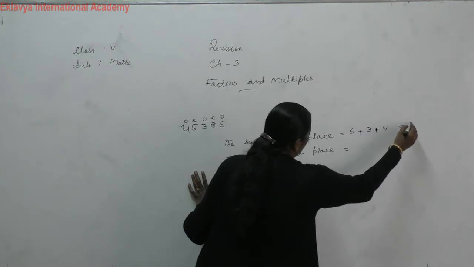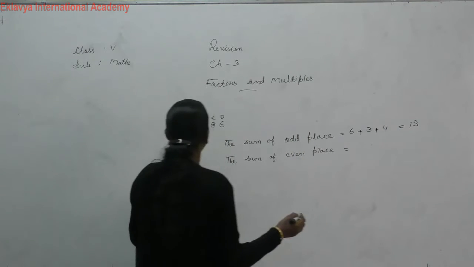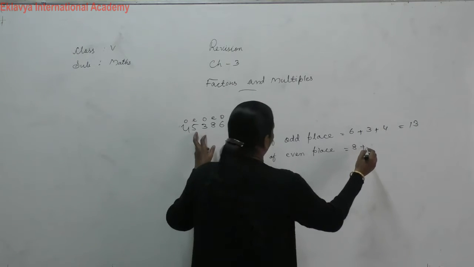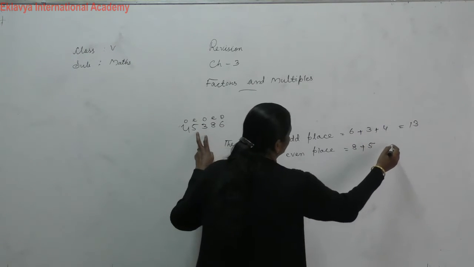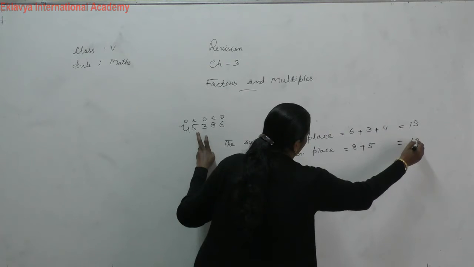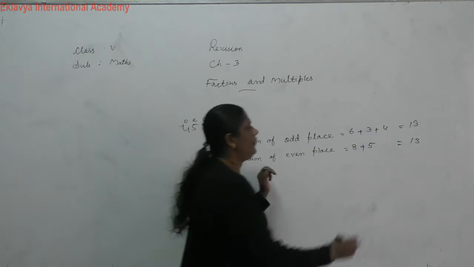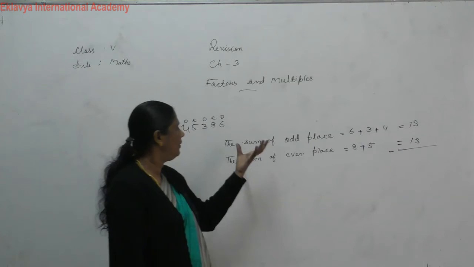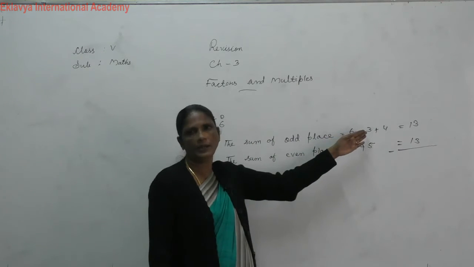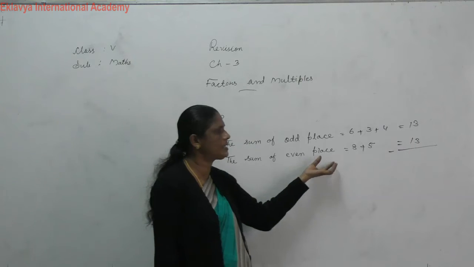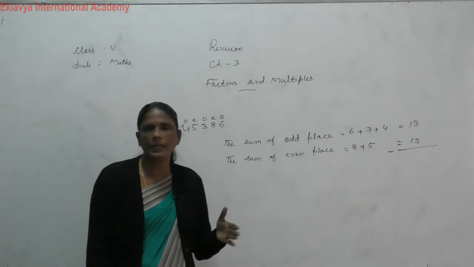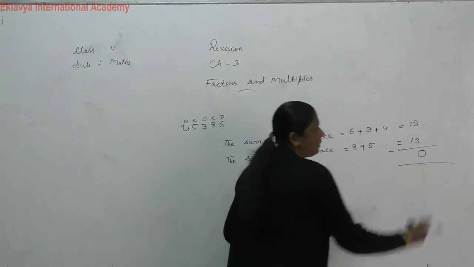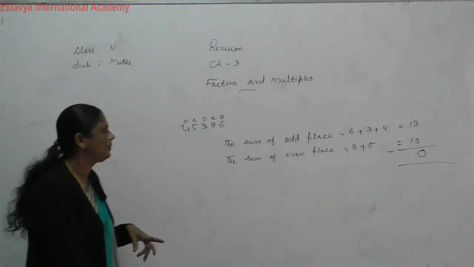What is the answer? 13. Here the even place: 8, 5. Then here we get 11. Then we subtract these numbers: the sum of the odd places and the sum of the even places. Then we get 0.